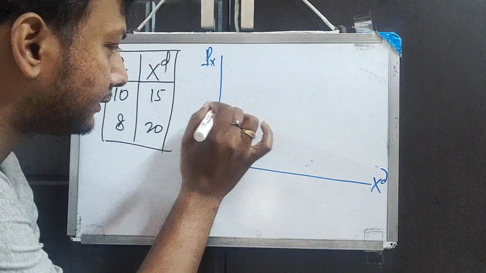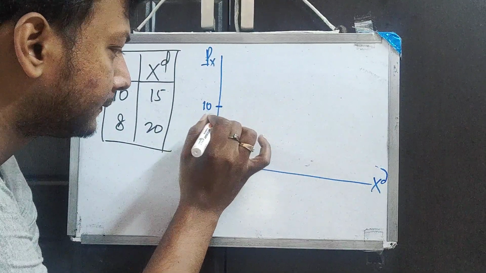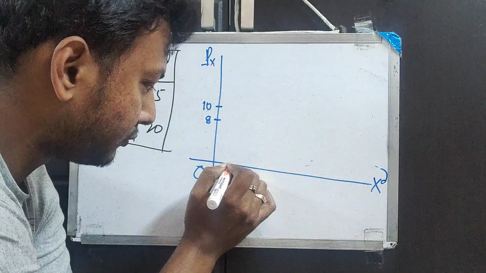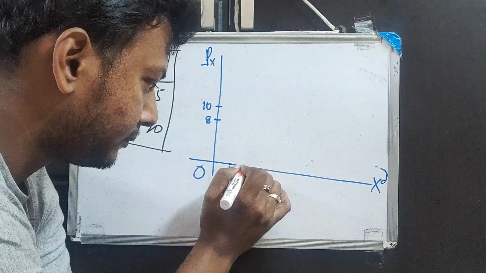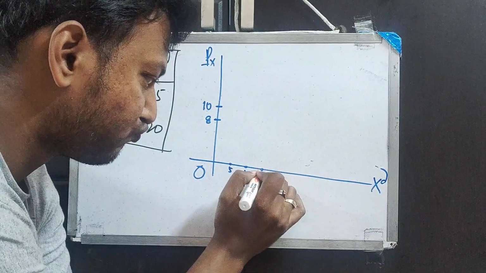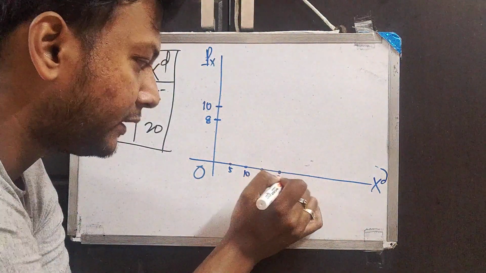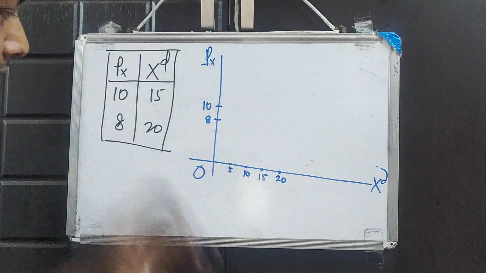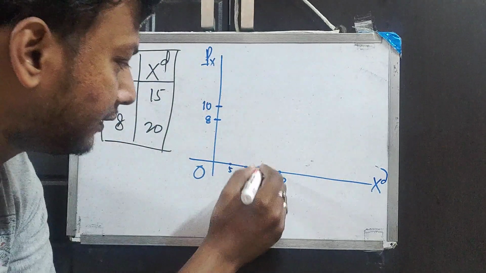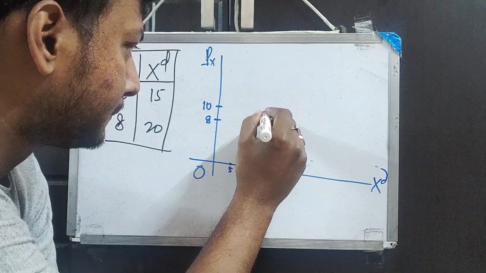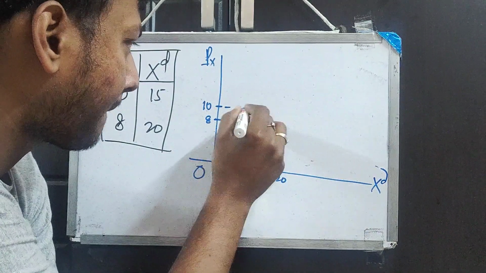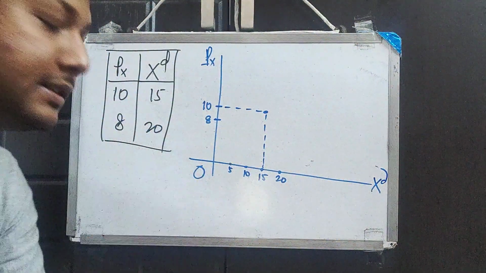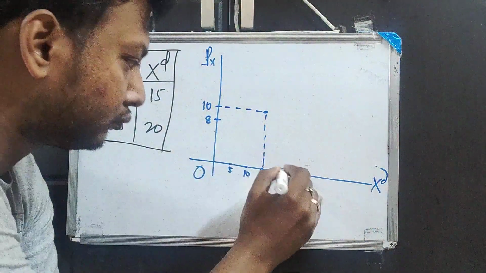Let us say this is 10, and this is 8, and on the other axis 5, 10, 15, 20. So, at a price of rupees 10, his demand is 15 units. That is here. And at a price of 8, his demand is 20 units.